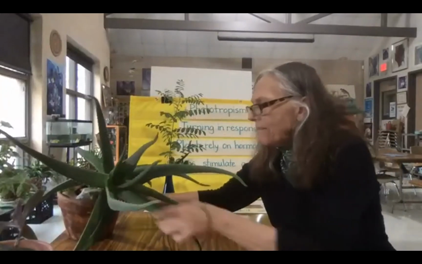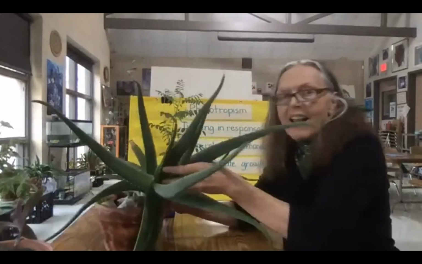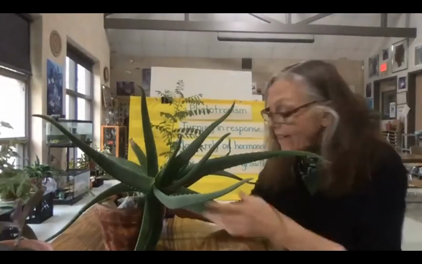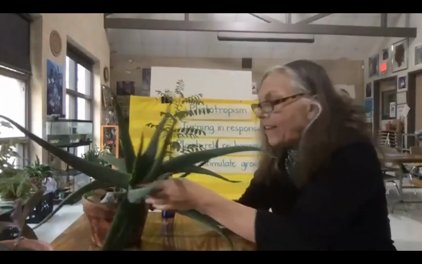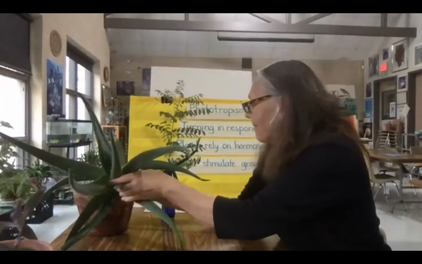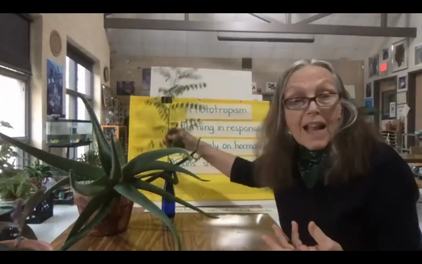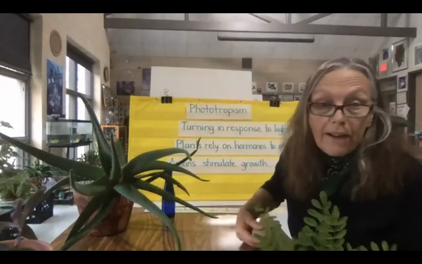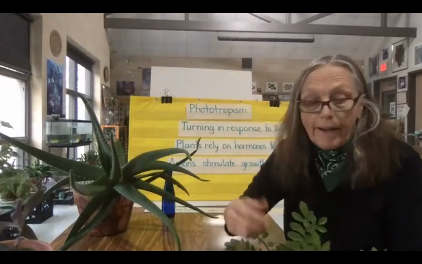Even a really stiff plant like this aloe is done it so much that now it's falling over. I need to work on that. Now, a plant that was growing outside, with sunlight all around, will not be all bent over.